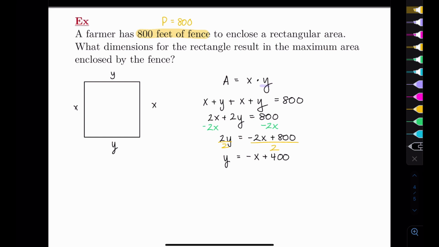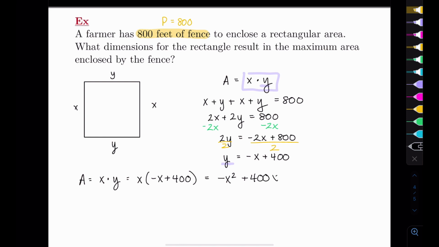So the y that's in our area formula should also be this exact same y. So I can replace that in this equation to get x times negative x plus 400, which is negative x squared plus 400x.